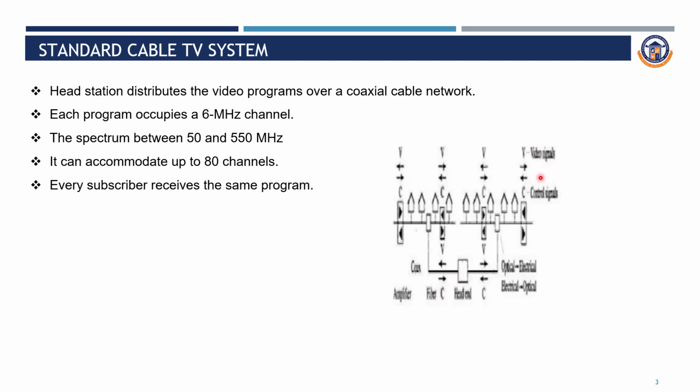The video and control signals will be passed on here. Based on the signals, the overhead jack will filter out the signals and provide them to the distributors. Each channel, each program, will occupy a 6 megahertz channel, and the spectrum will be between 50 to 550 megahertz, which can accommodate 80 channels per coaxial cable.